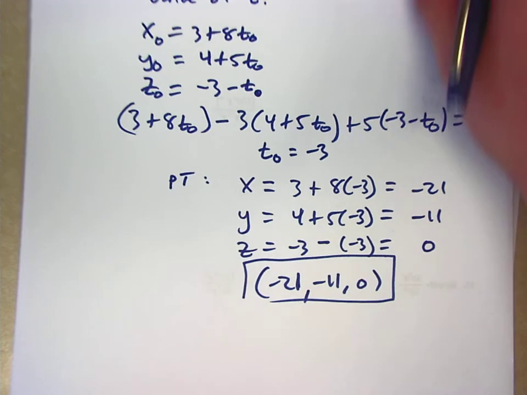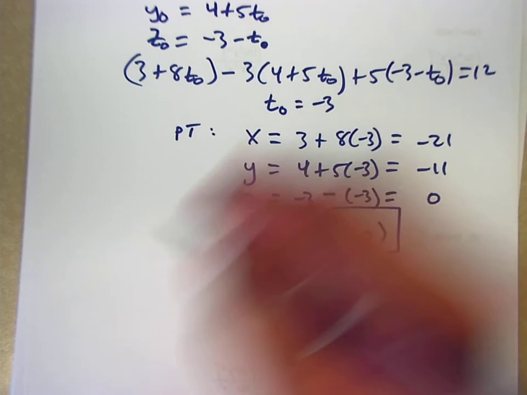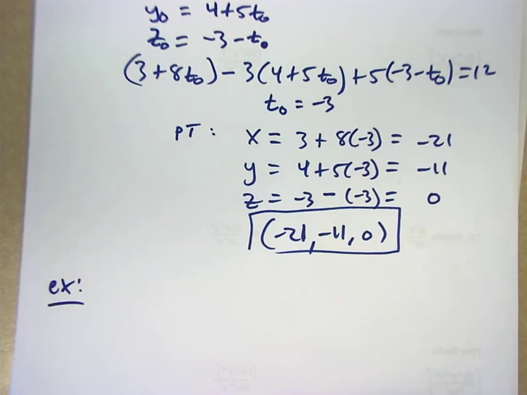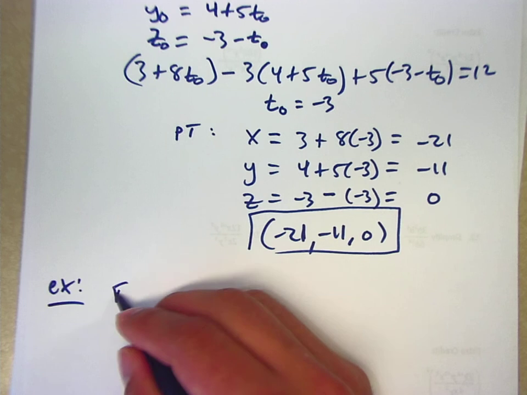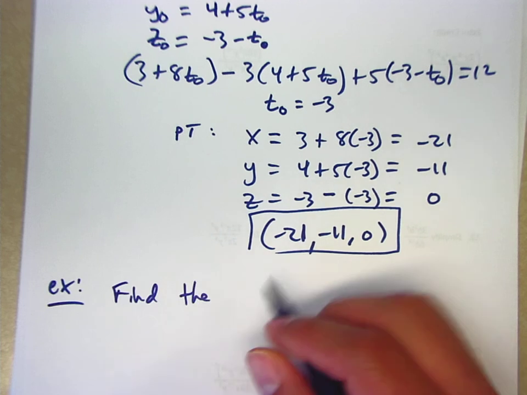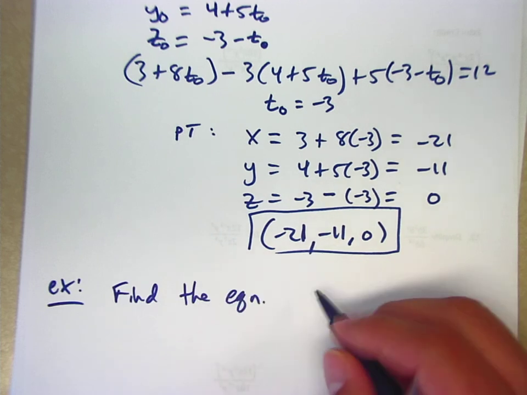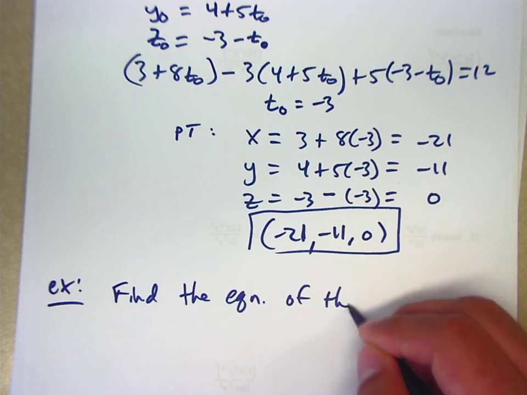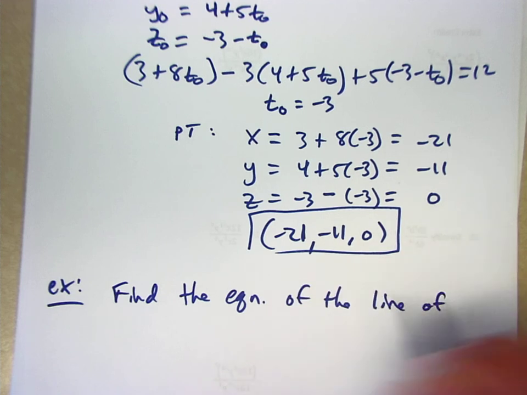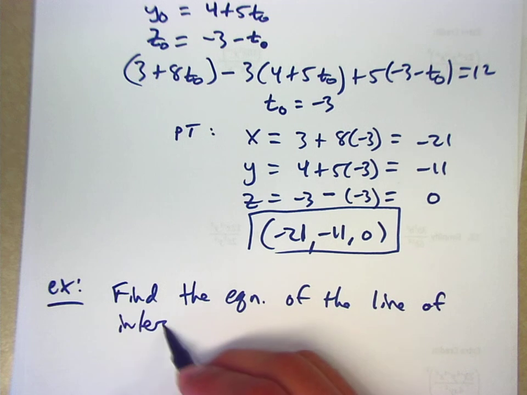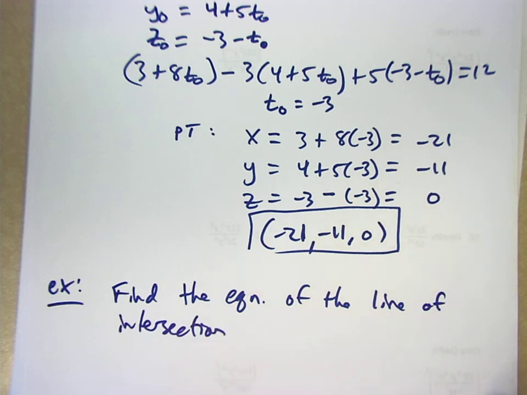Let's try another example here. Find the equation of the line of intersection. Oh, and I forgot to mention, you don't have to be so formal for this previous example.